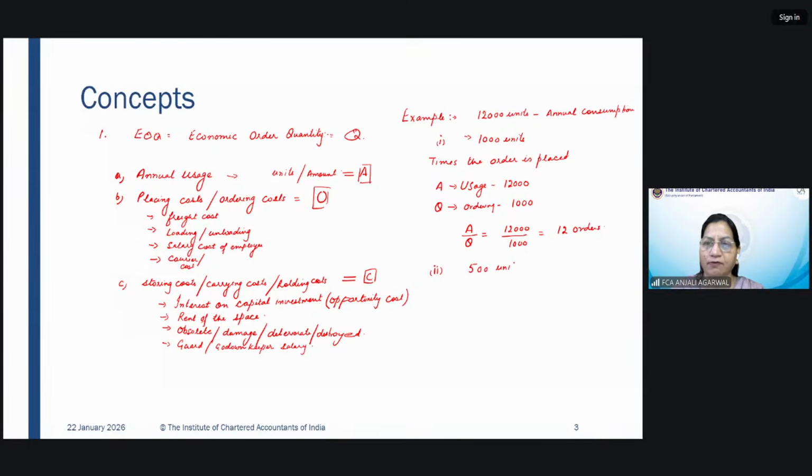In that case, A upon Q, 12,000 by 500, your number of orders will increase to 24 orders. Or if you have placed an order for 6,000 units, the number of orders would have been only 2.